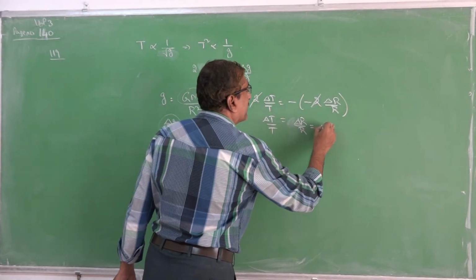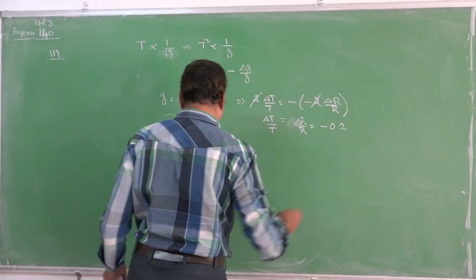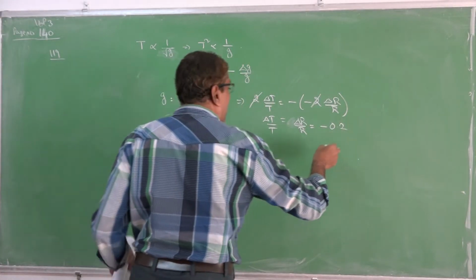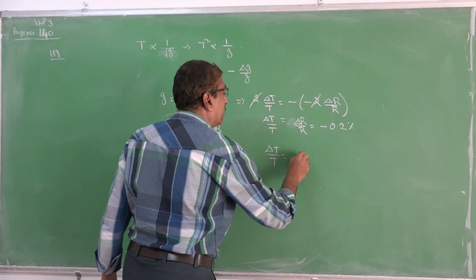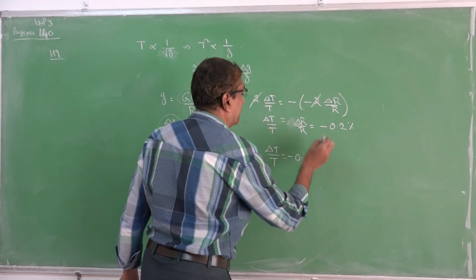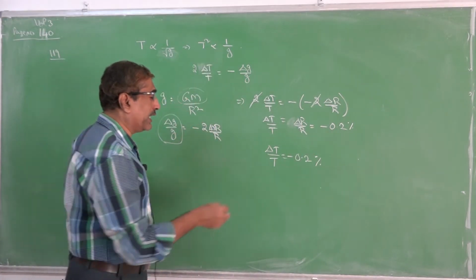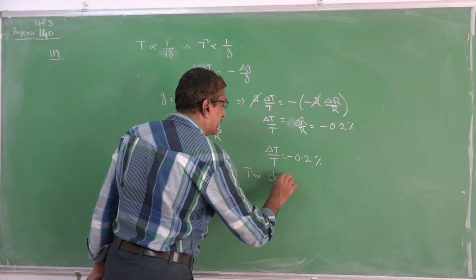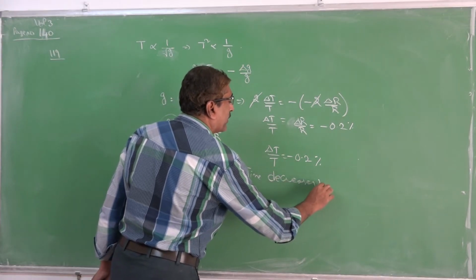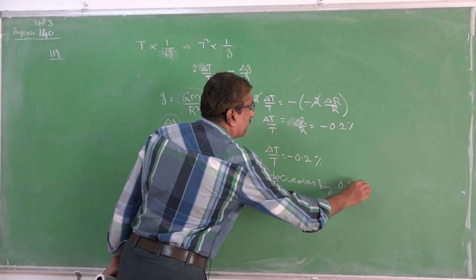So this is given as minus 0.2%. Therefore, delta t by t is also equal to minus 0.2%. That means the time period decreases by 0.2%, the minus sign indicates a decrease.